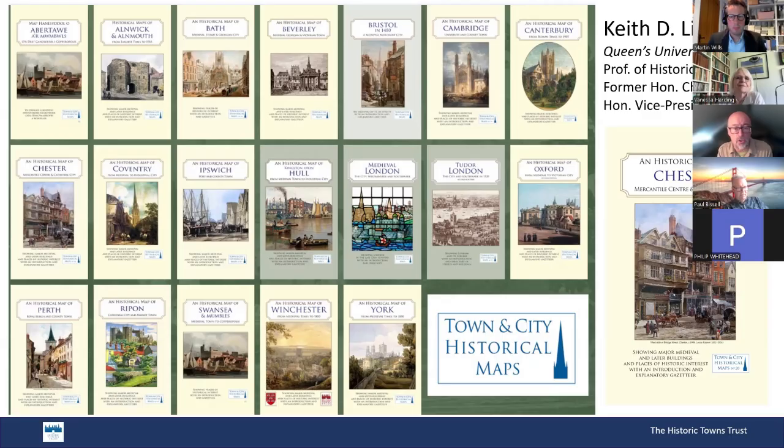And I want to just say a few words this evening about how I made a small but, I hope, useful contribution to the project, going back a few years, working on a project called Mapping Medieval Chester, funded by the Arts and Humanities Research Council, which is the organisation that Paul mentioned. Maps are a wonderful window onto the past, and we'll see that with the historical map of Chester.